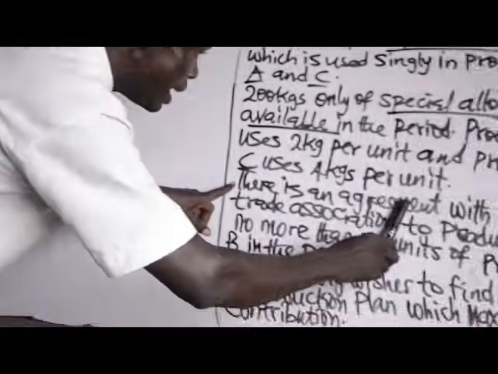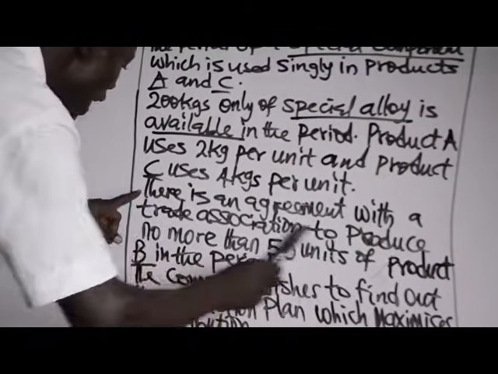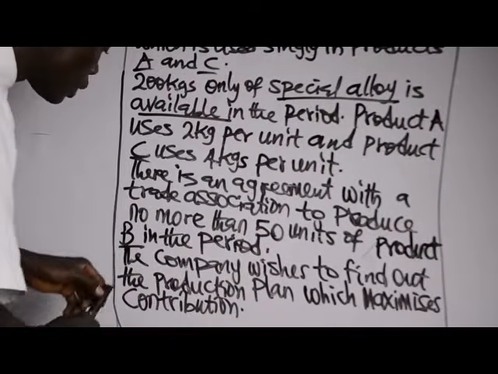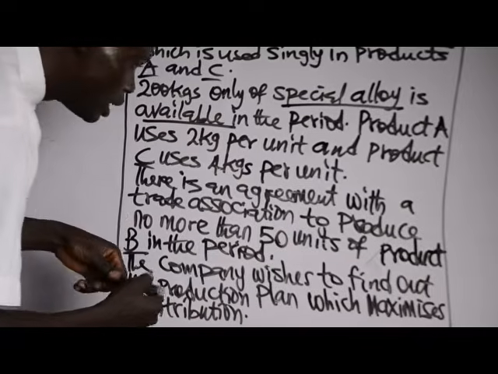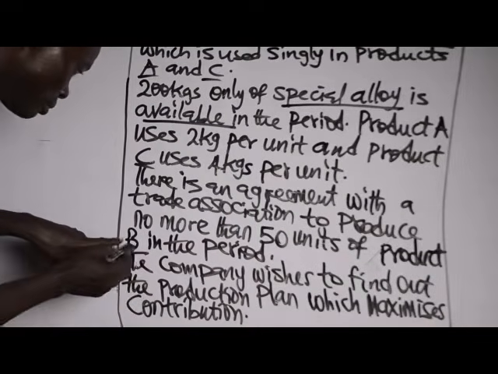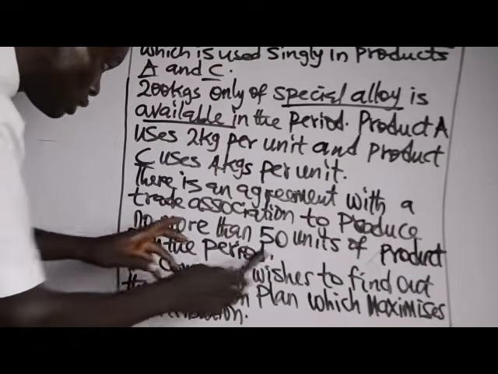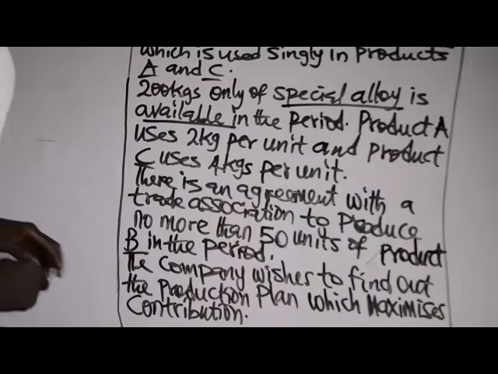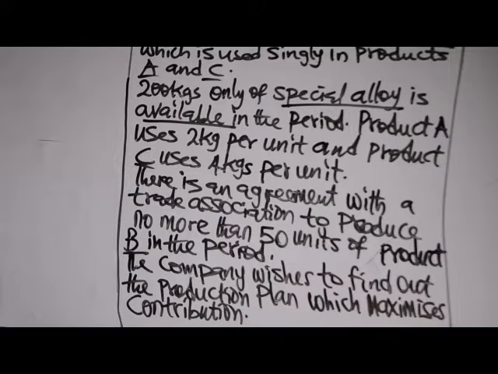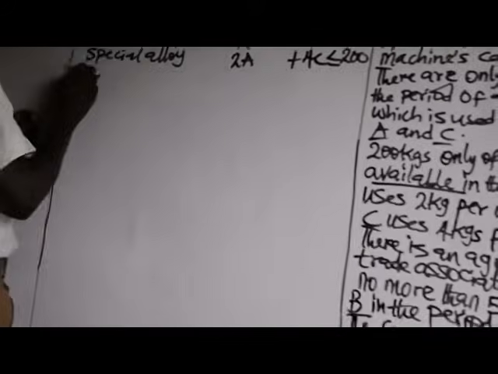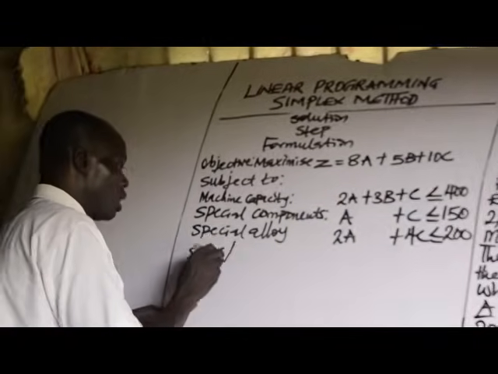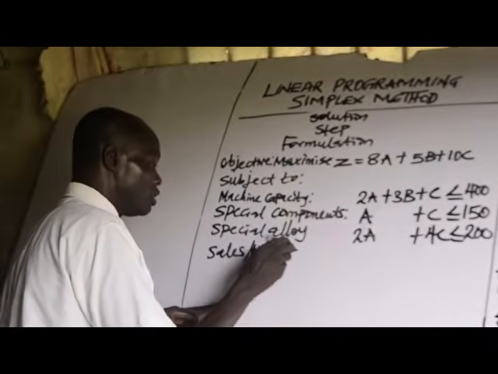There is an agreement with a trade association to produce no more than 50 units of product B in the period. The maximum unit of B you can produce is 50. So that is a trade sales restriction, or production restriction.